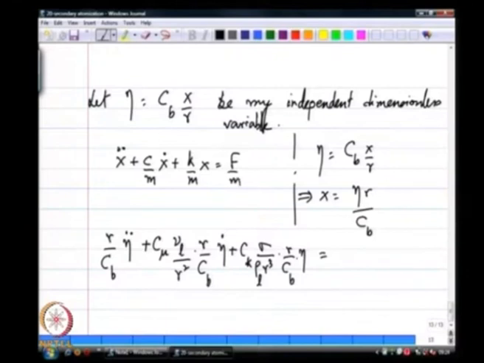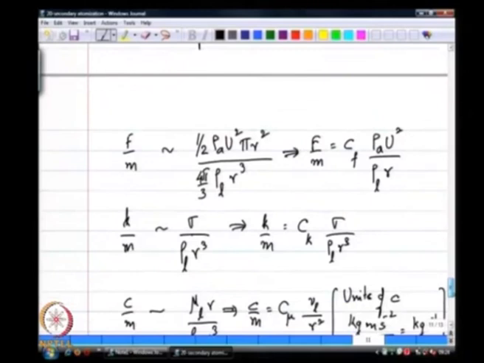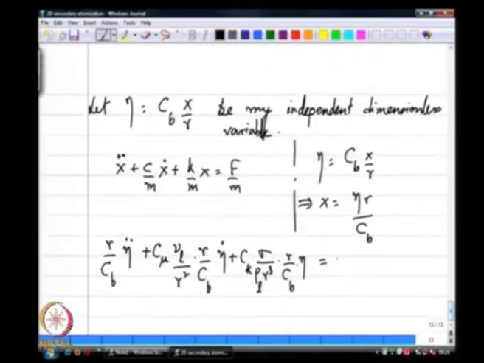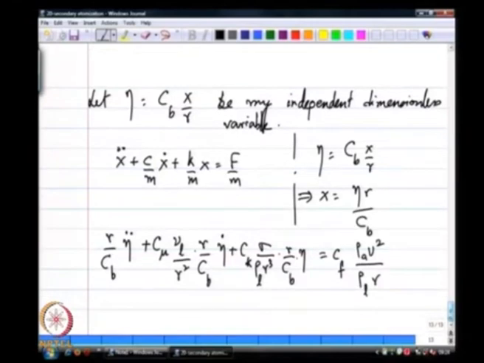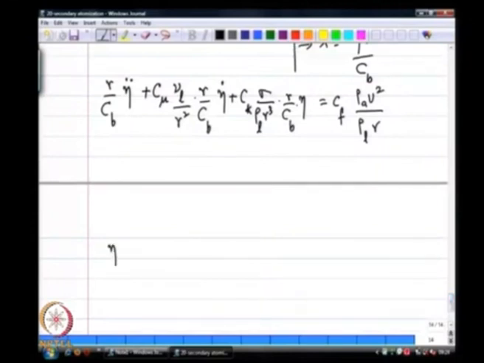This equals f over m, which is my Cf rho a u squared over rho L r. I can factor out the r over CB from all terms on the right hand side, and what do I have?